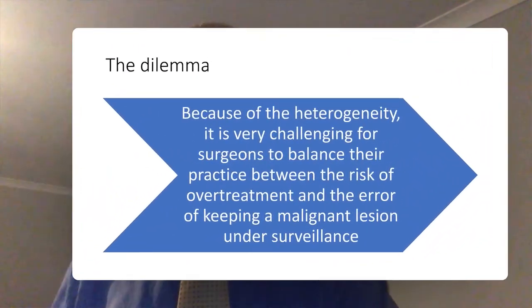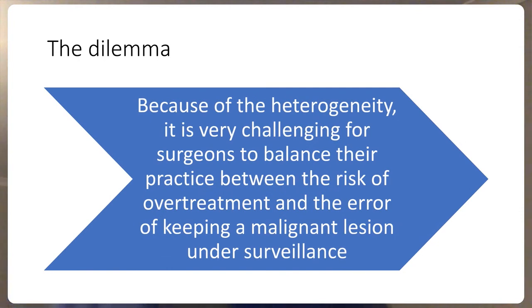This leaves the surgeon with a little bit of a dilemma because these cysts are a heterogeneous group of neoplasms, and it's hard to tell the diagnosis in a significant percentage of them.